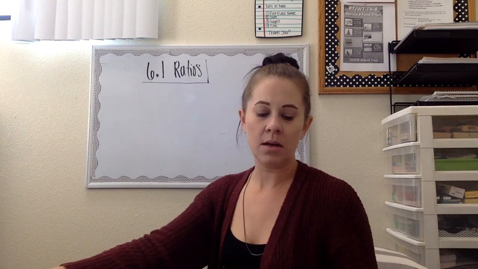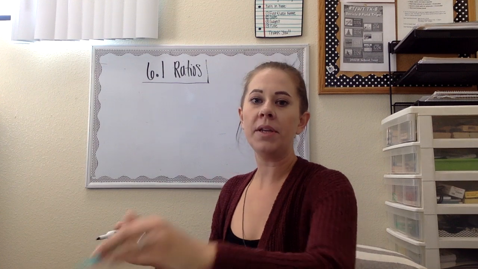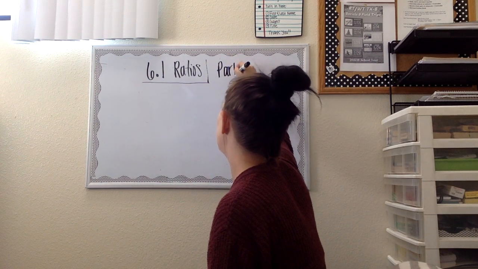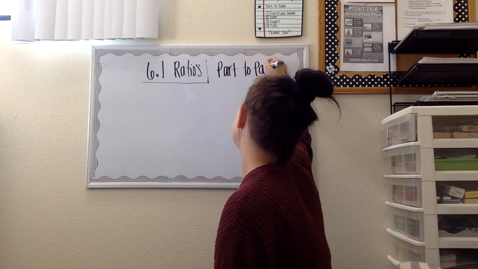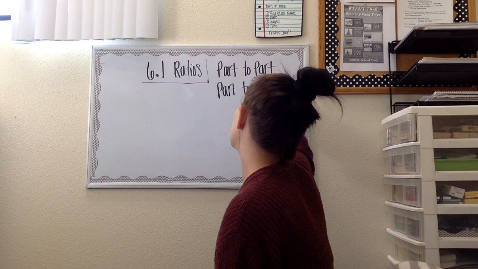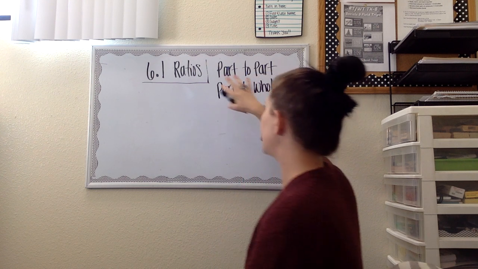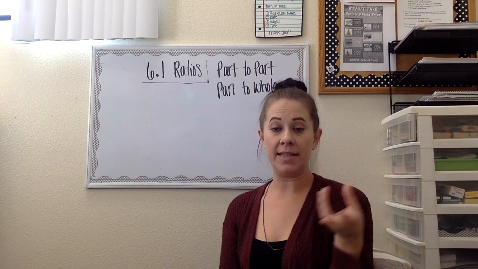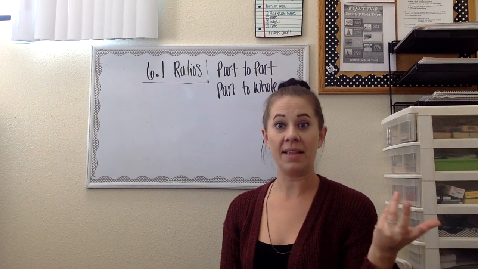All right, so when we do ratios, we can do 2 options, part to part or part to whole. Okay, and that's the comparison. So we could compare 2 parts of, let's say, the pet store.